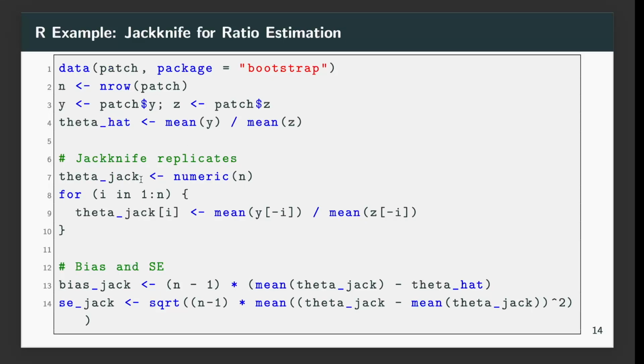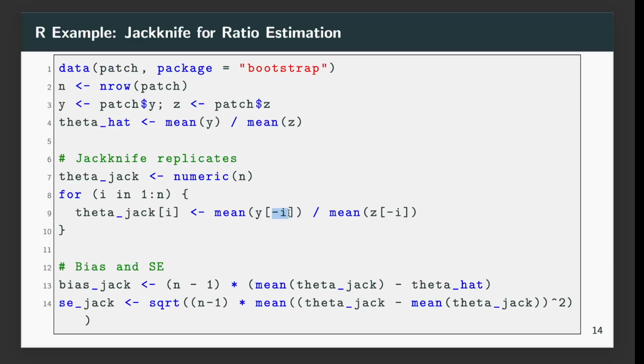We have theta jack, which is an empty vector of length n, and then we run a loop for i in 1 to n, and we record theta jack, which is given by the ratio statistic. For each of these ratio statistics, we put the negative sign here so that this is a leave-one-out observation. So in the first loop, it will leave out the first observation, and in the second loop, it will leave out the second observation, and so on.